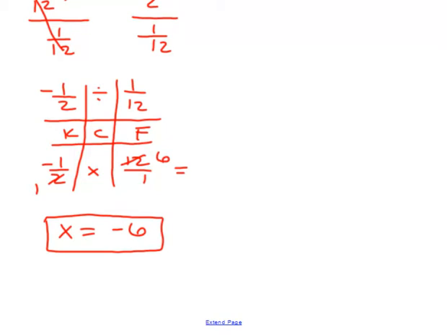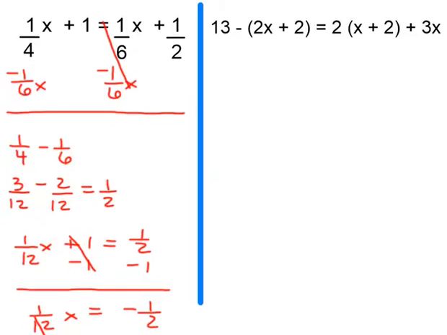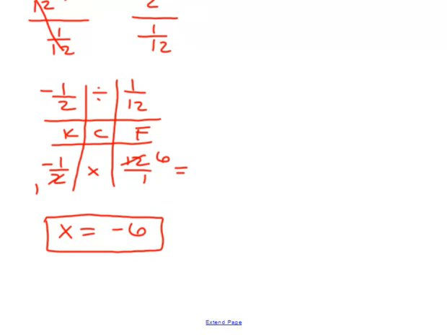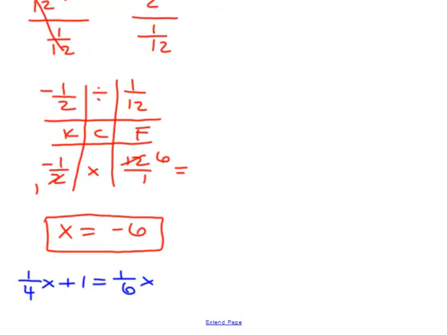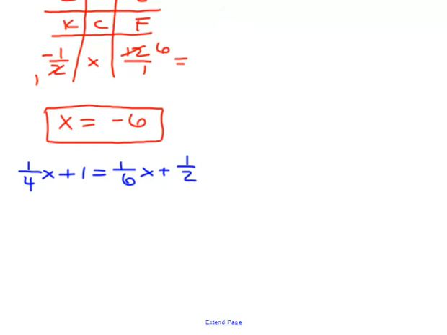Let's check our answer. So the problem was 1/4 x plus 1 equals 1/6x plus 1/2. All right, so anywhere there's an x, we're going to put in a negative 6.